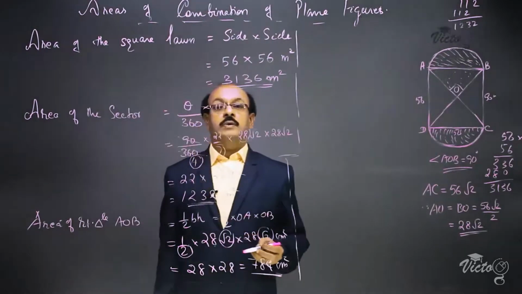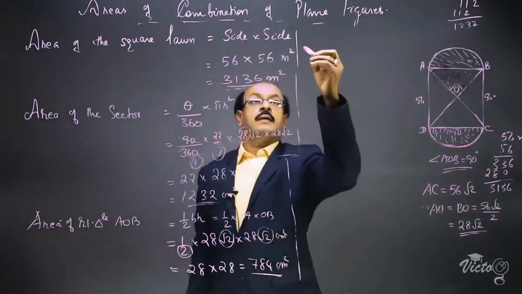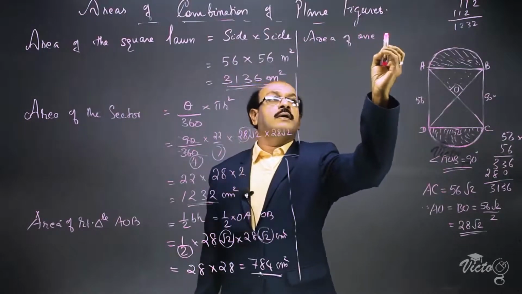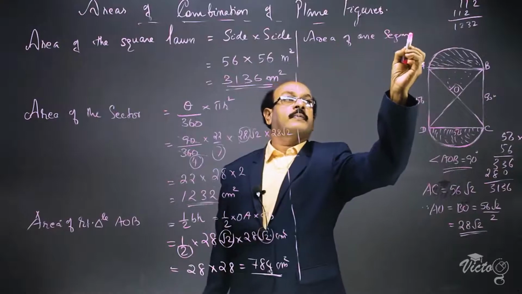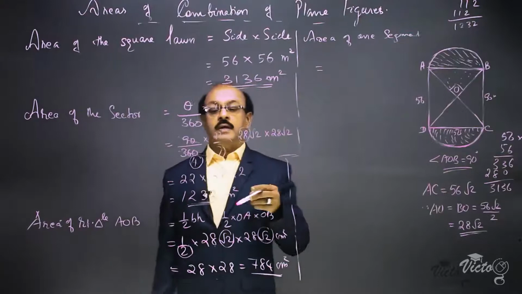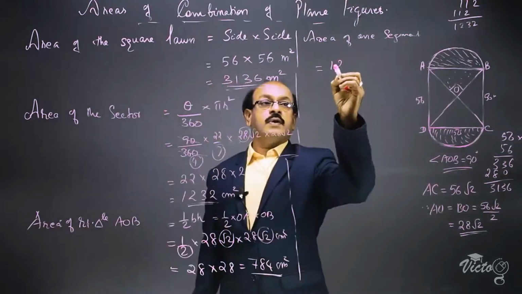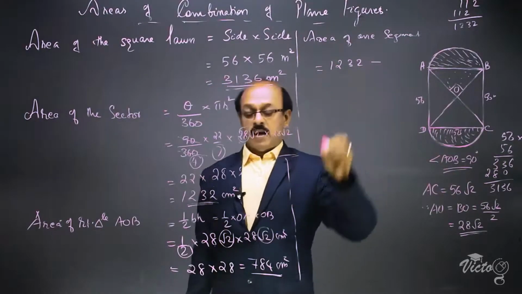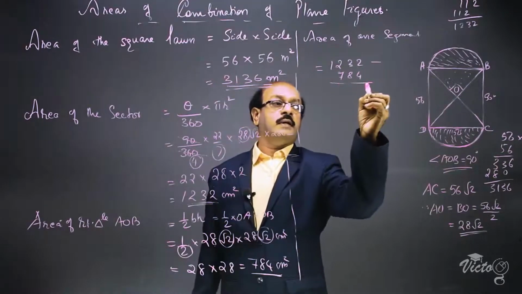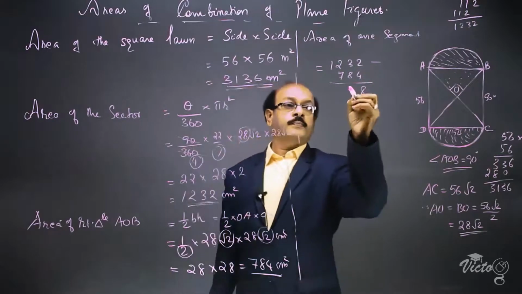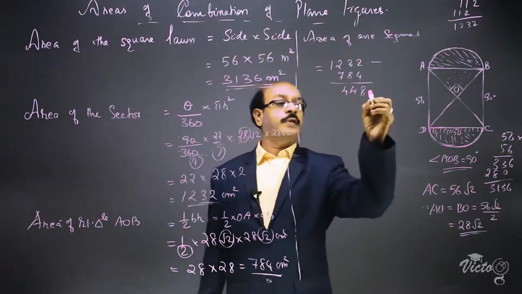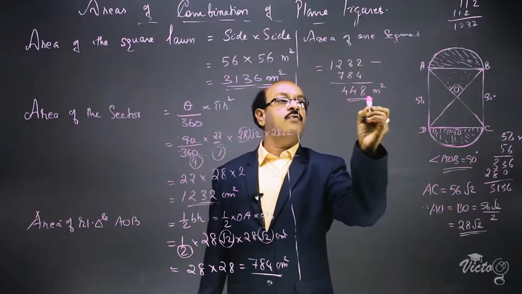We can find out the area of one segment by subtracting the area of the right triangle from the area of the sector. Area of sector is 1232 minus 784, which is 448 meter square, the area of one segment.